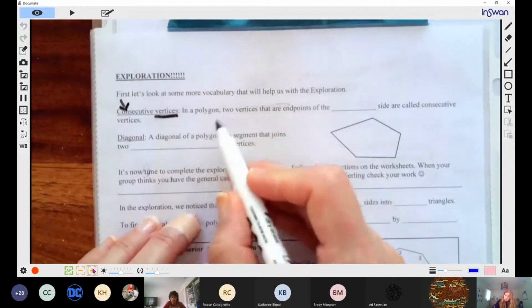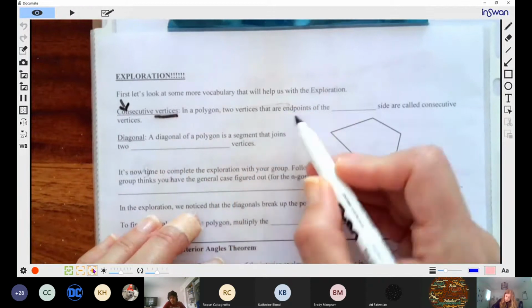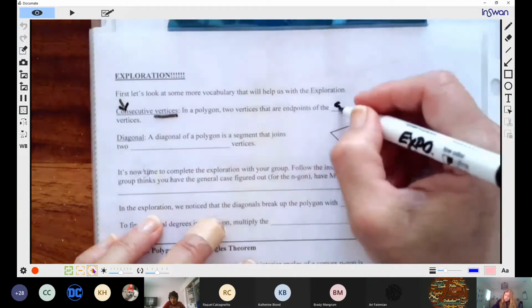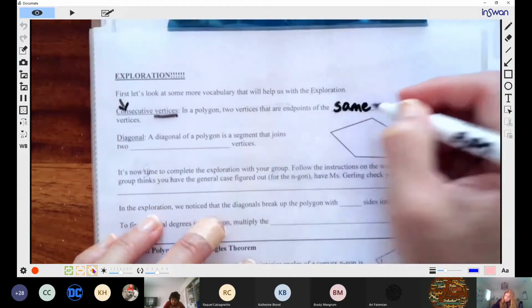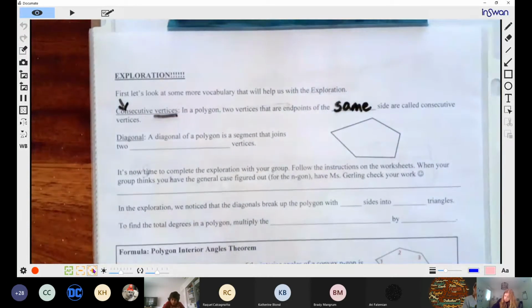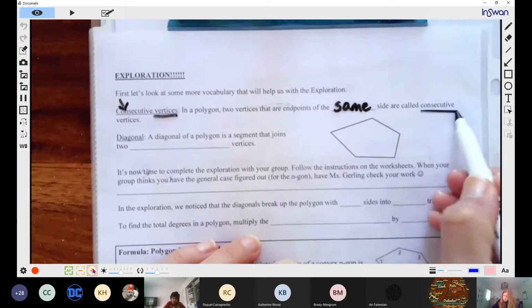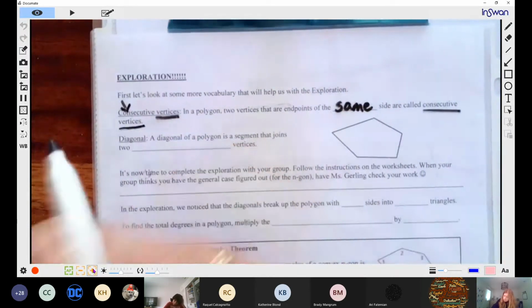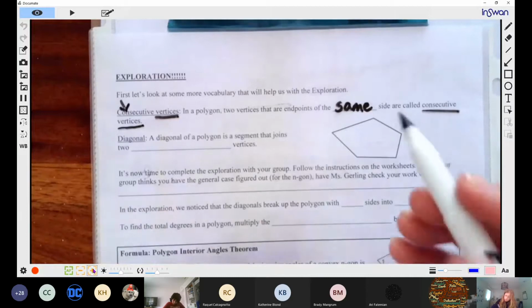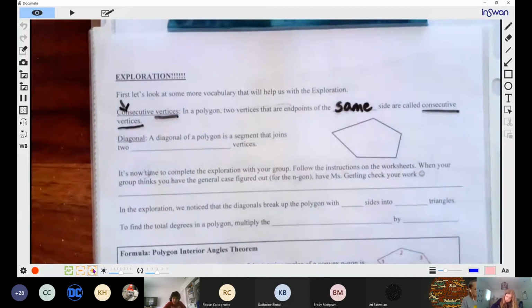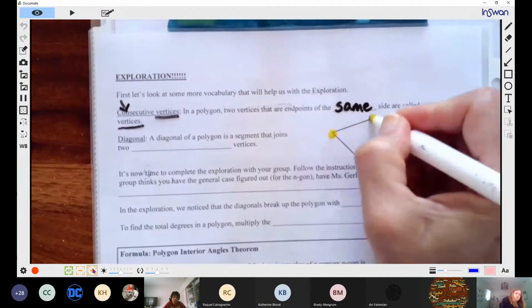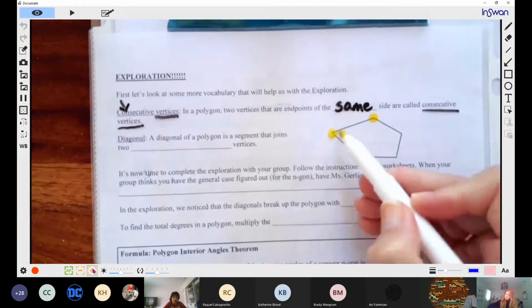In a polygon, two vertices that are endpoints of the same side, this is the important part, endpoints of the same side are called consecutive vertices. So, for instance, a consecutive vertex would be here and here because they share this side.